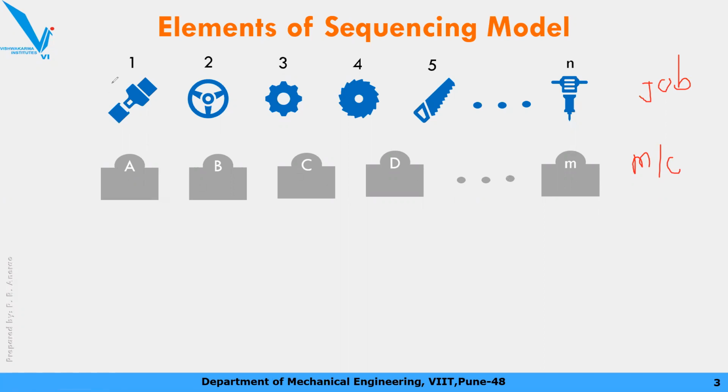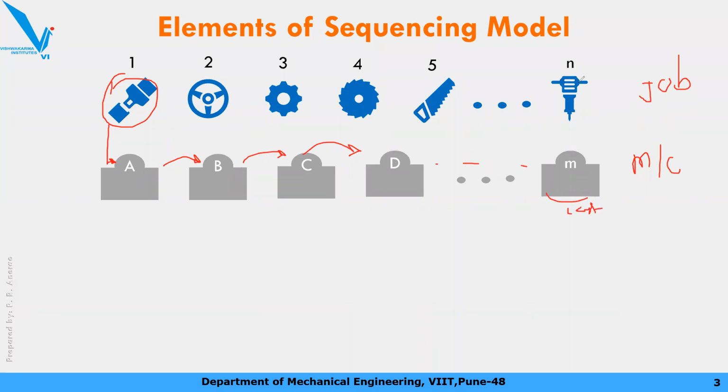So for job number 1, if you would like to manufacture this, the sequence is fixed. This is due to the technology constraint: it has to start with machine A, after that it should go to machine B, then C, then D, and so on, until it reaches the last machine.